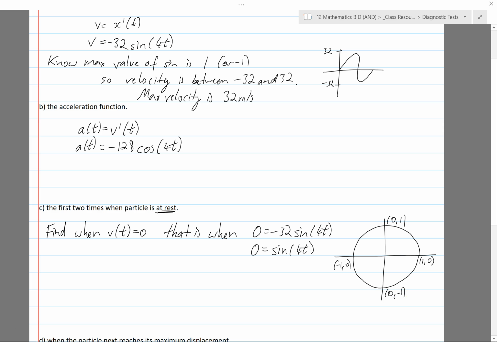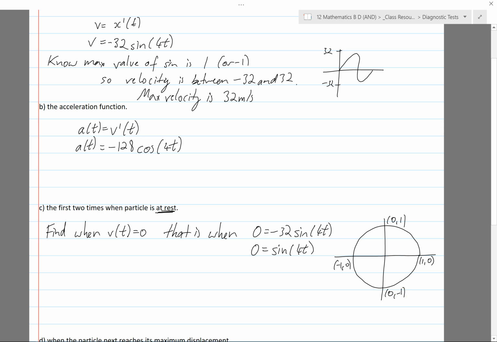And for the negative one, 4t will be pi, 3 pi, 5 pi, etc. Okay, so the times when we have the maximum displacement would be 0, pi on 2, pi, etc. Or over here, pi on 4, 3 pi on 4, 5 pi on 4, etc. So it was a question, when the particle next reaches its maximum displacement.